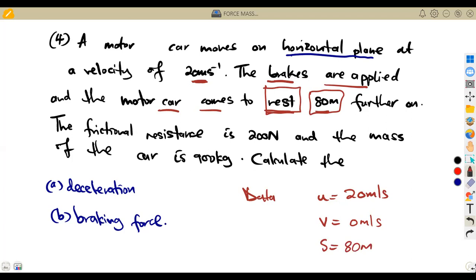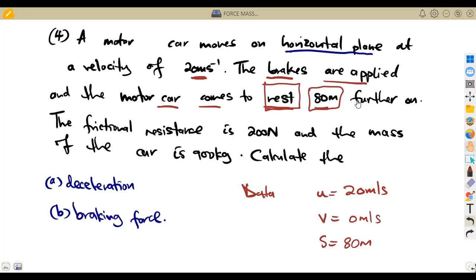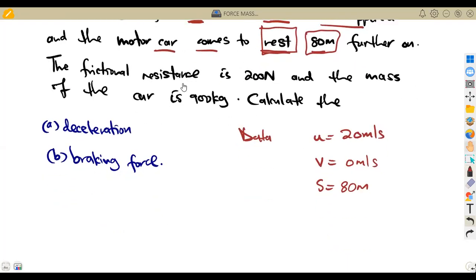Then from this information, again, we are given that the frictional resistance is 200 Newton. And we've got the mass of the car, which is 900 kilograms.